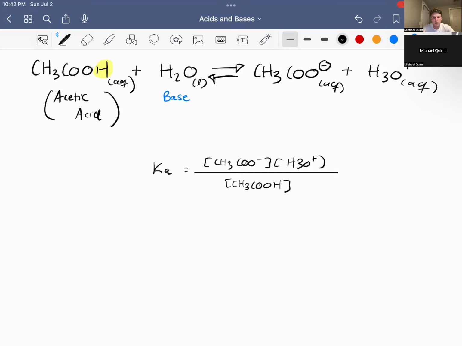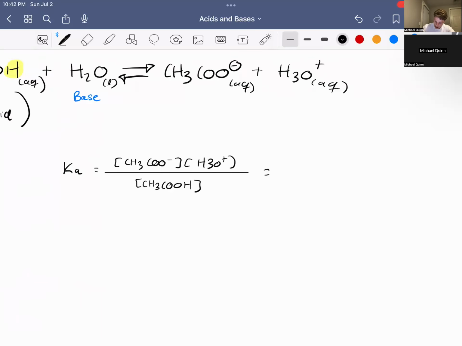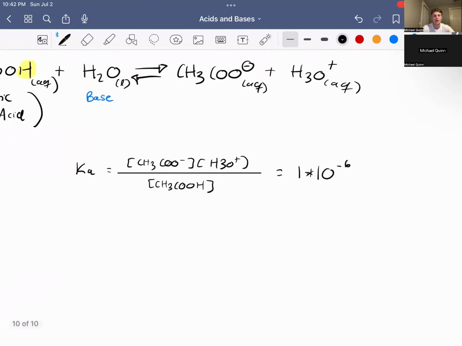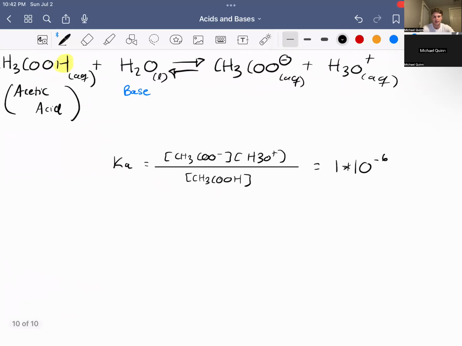Whatever our Ka value comes out to be for acetic acid, I'm going to make up a number for it because the real numbers are not important. So say this was 1 times 10 to the negative 6. That is what Ka is equal to for acetic acid.